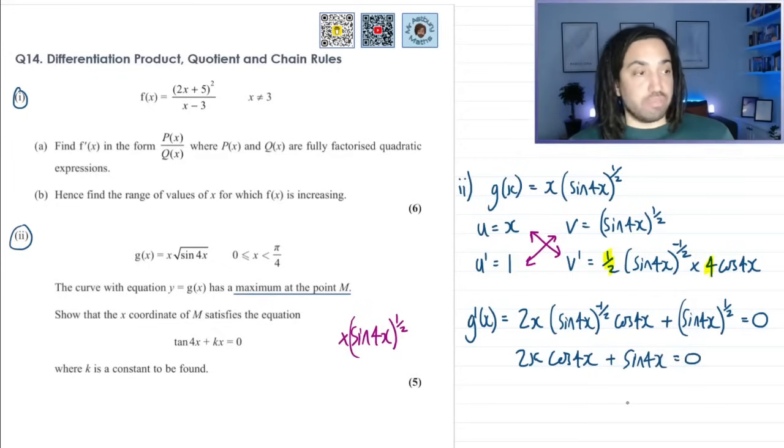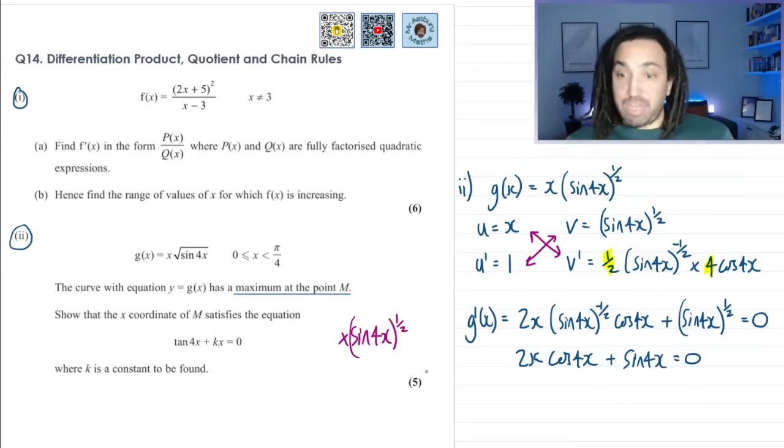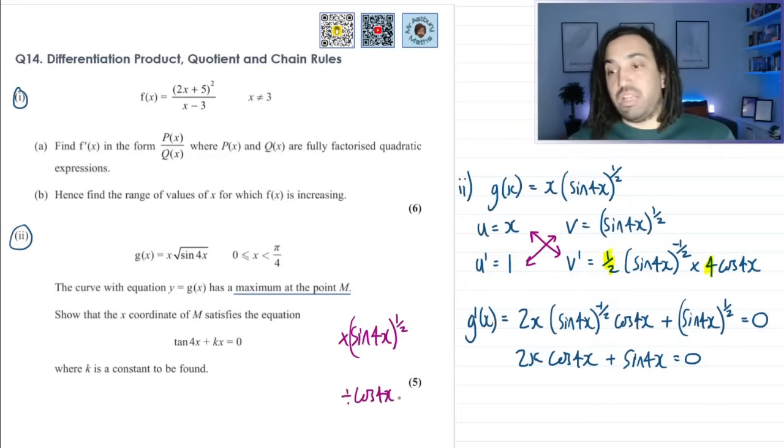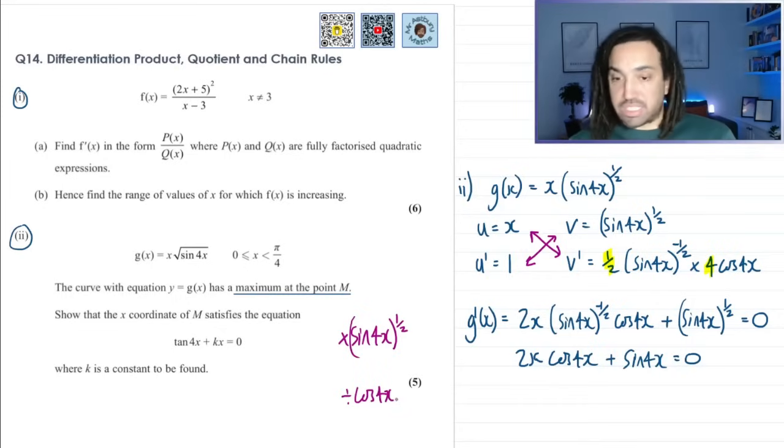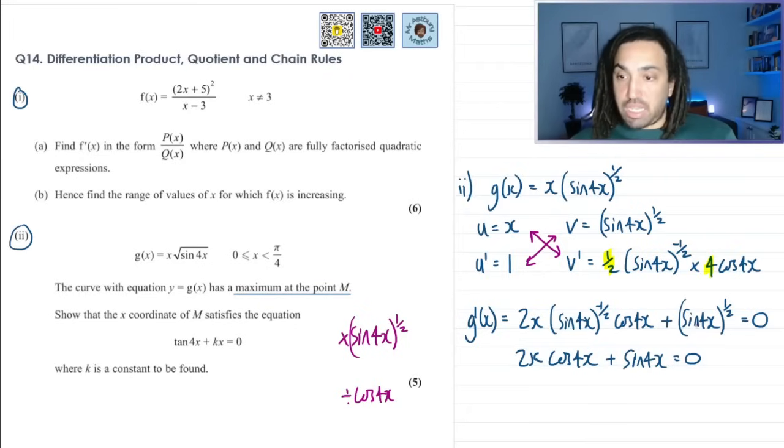And that equals 0. Okay, and now what we're going to do is divide by cos 4x. And again, cos 4x equals 0 is not a solution to this equation, because if you sub in 0 for cos 4x, it's not going to make the whole equation 0.